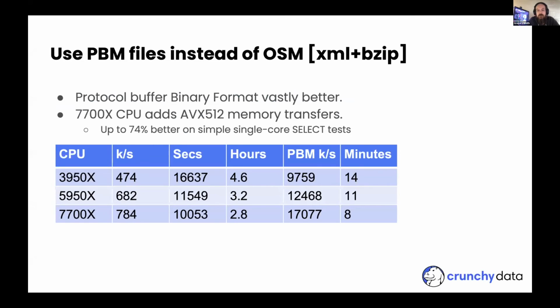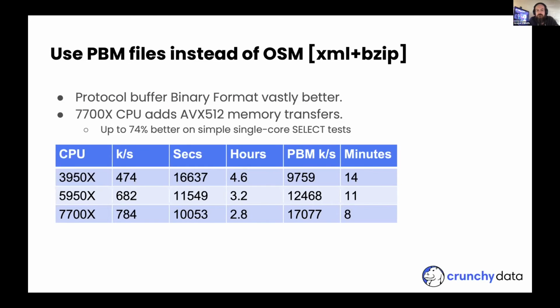The first one, the PBF files thing. PBF is a protocol buffer binary format. It's just massively faster. When I started this research, I was lucky to get the first part of this, the node part, in there in 5 hours. With the new protocol buffers format and the latest CPUs, I'm getting it in 8 minutes. I had to scale shift this chart to even get all the data in there. So it's really fantastic.